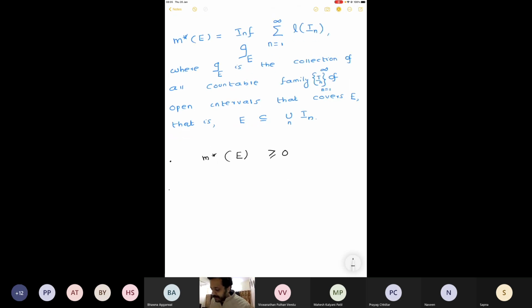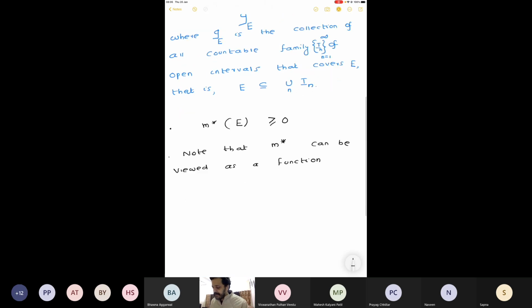Note that M star can be viewed as a function M star from, it is defined for any subset of R. So the domain is the power set of R and the codomain is non-negative extended real numbers.